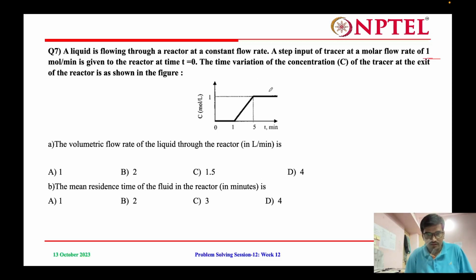So here this is the maximum concentration. So C max equal to M by Q. Here C max equal to 1 mole per liter, and M is the molar flow rate, given as 1 mole per minute.